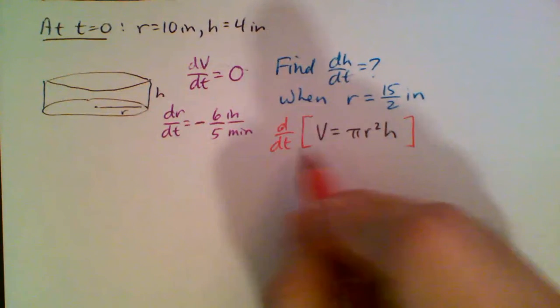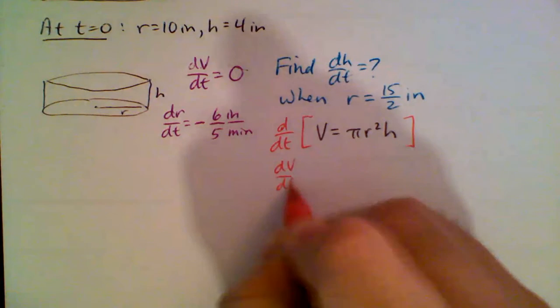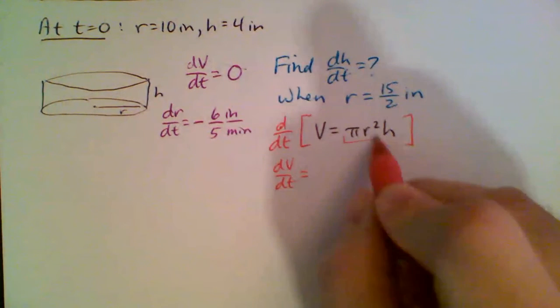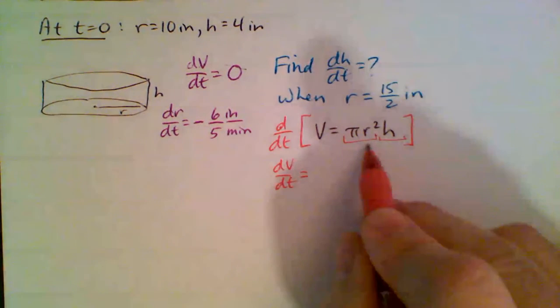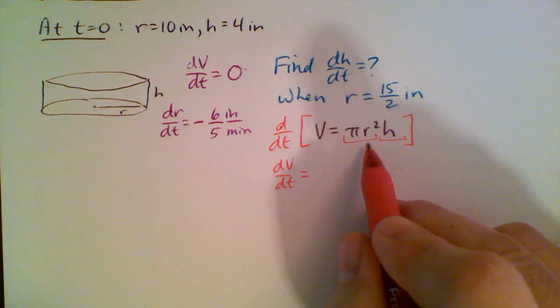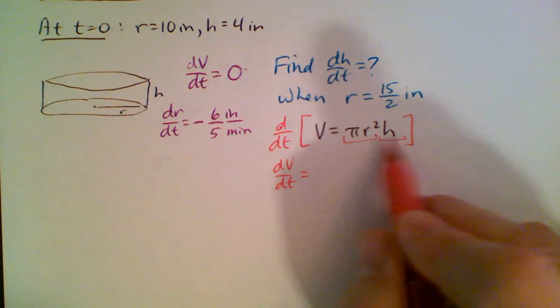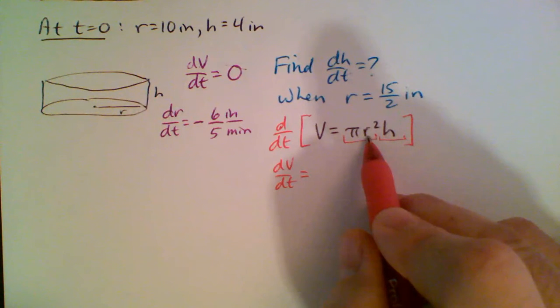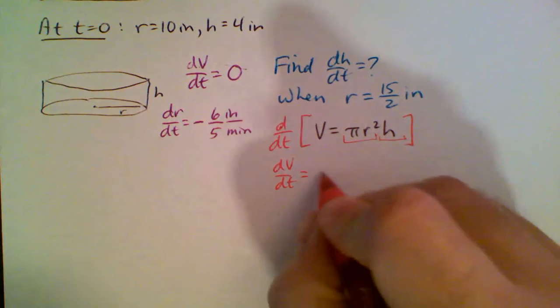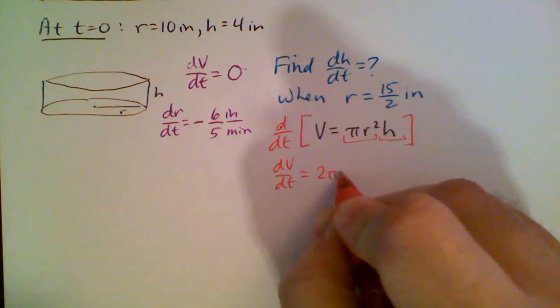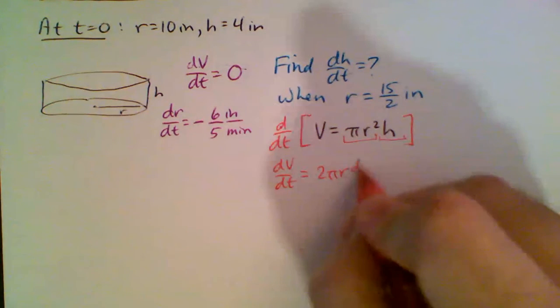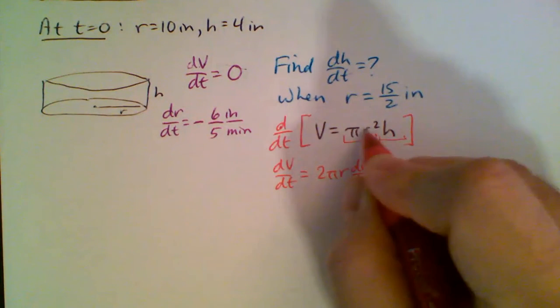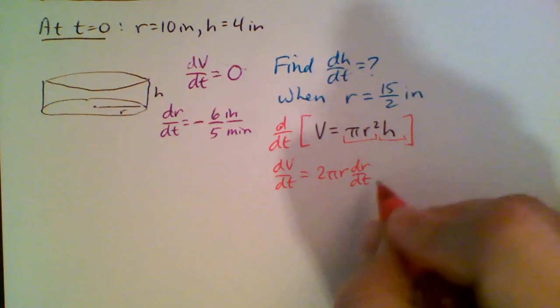So our derivative here is dV over dt equals, and we need our product rule. The reason why we need the product rule is because both r and h are changing, so they're both functions. The derivative of pi r squared is 2 pi r dr over dt, because that's the chain rule, the derivative of the inside.